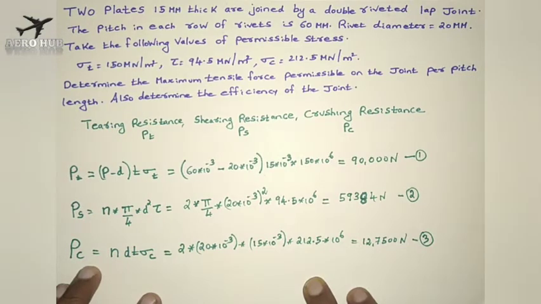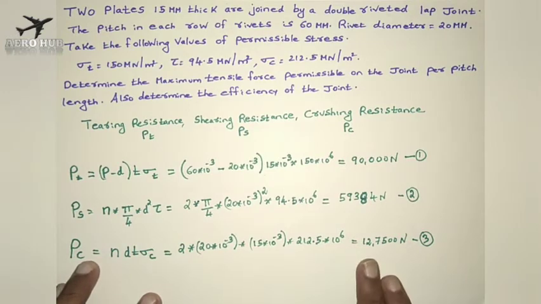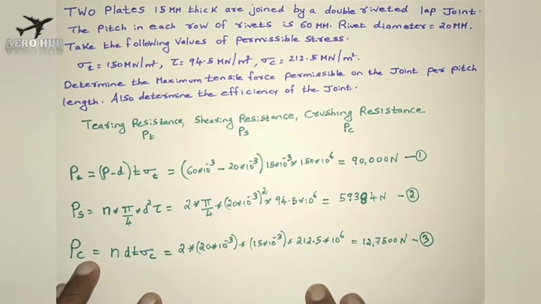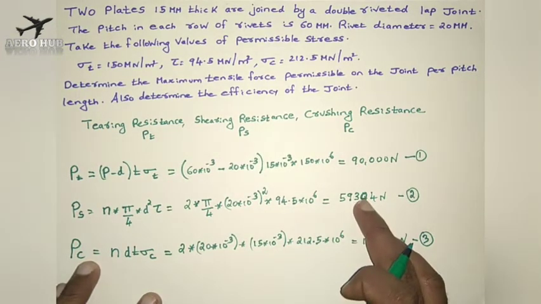That is the value of shearing resistance, the value of tearing resistance is 90,000, and the value of crushing resistance is 127,500. So the value of shearing resistance is very minimum.